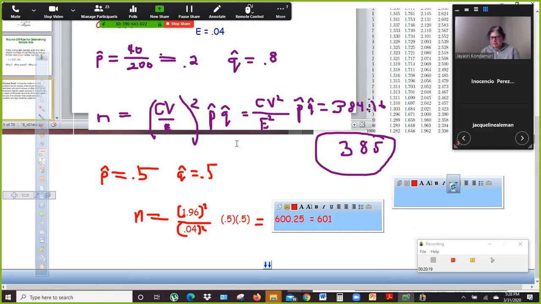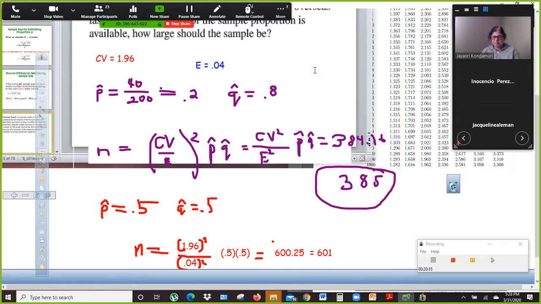I have a question. Go ahead. So the 0.5, that's the margin of error? No, this one right here. This is our p-hat q-hat. If we don't know what p-hat q-hat is, that's our guess. The 0.04, that's our error, because that comes from within.